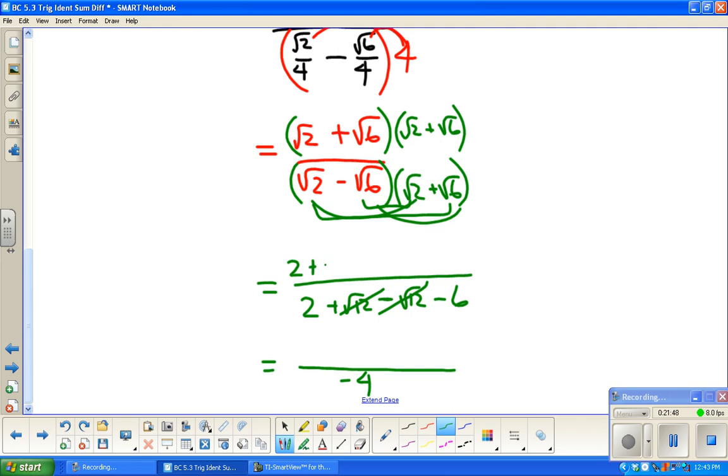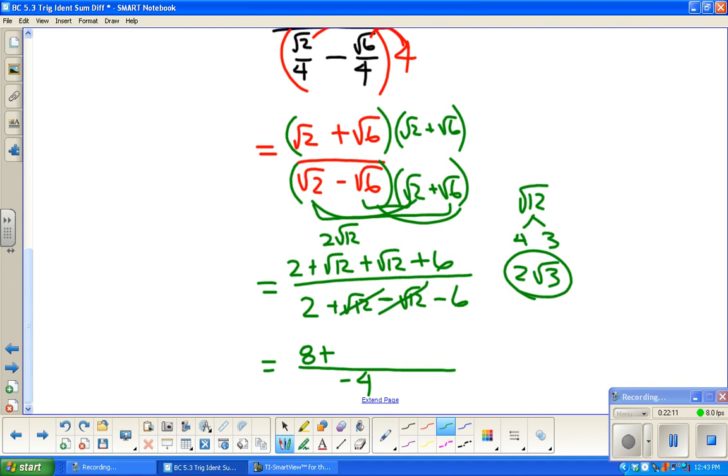Outer, inner, last, okay, well, things don't cancel out up here. They don't divide out. So this becomes 8 plus, well, this is 2 root 12, but the square root of 12 also simplifies into 2 root 3. So 2 root 3 times 2.